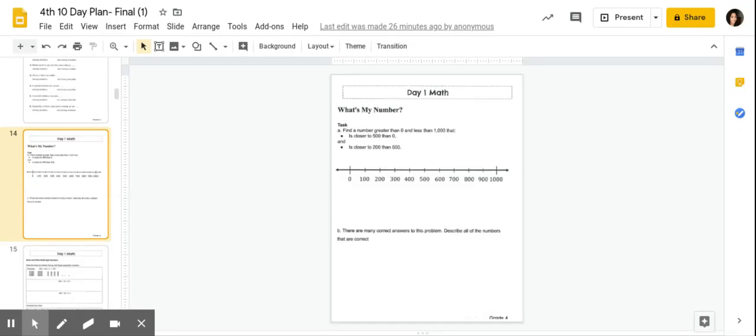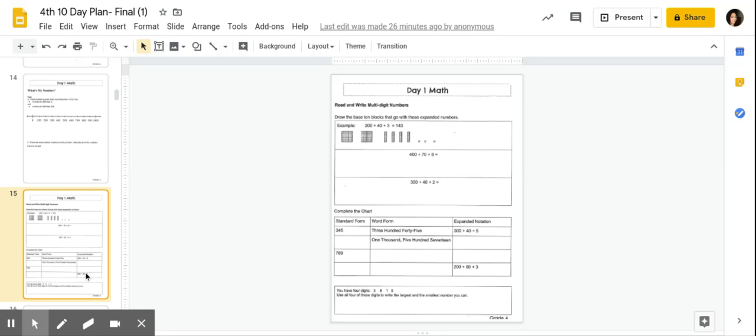Maybe it could be this number between this number, or at least give a couple different numbers that you think it could be and explain why. Again, you're going to be using the 2 points in part A that tell you that it needs to be closer to 500 than 0 and closer to 200 than 500. So use that to help you describe how the numbers are correct.